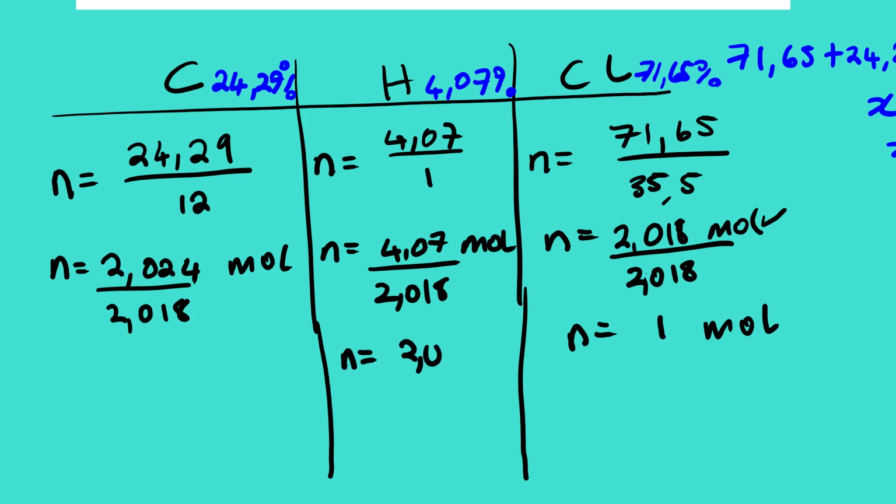Here we're going to have 2.017. Or we can quickly round this off to the nearest, which is simply 2. It's 2 mole, which is also 1 mole here.